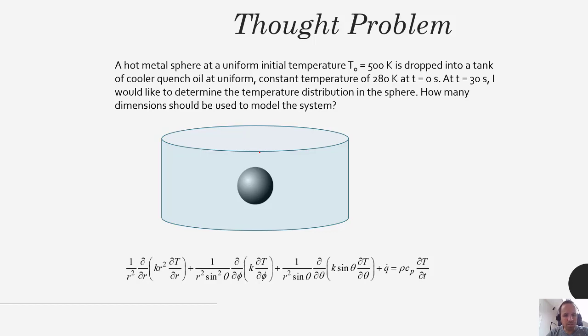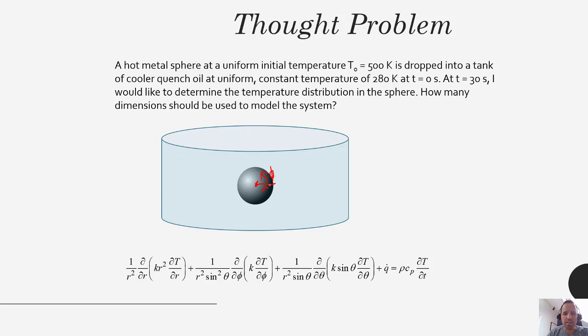Okay, I hope you put some good thought into that. So remember, in spherical coordinates, we are going to have a radial term, r, and then we're going to have an angular term. So this could be phi in this direction, and then theta would be coming in and out of your screen at an angle. So would we expect there to be any angular temperature variation?